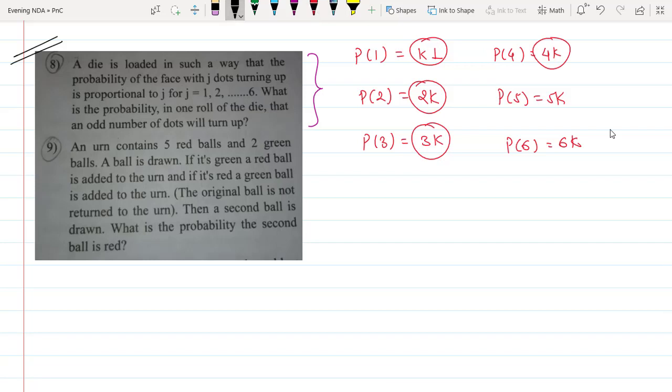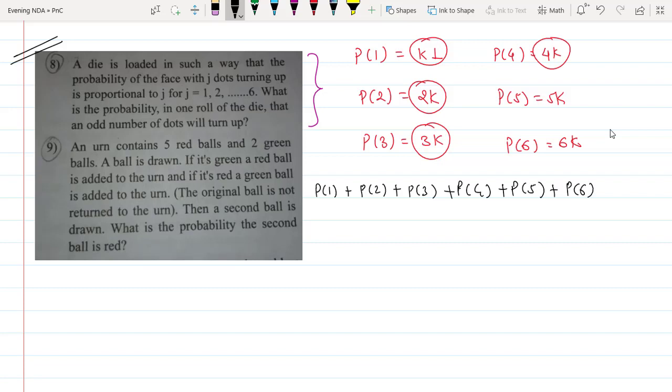Now what will be the value of k? How will you find the value of k? I don't know the proportionality constant k. So if I add all these numbers, p of 1 plus p of 2 plus p of 3 plus p of 4 plus p of 5 plus p of 6, what should it be equal to? What is the total probability of any event? It is 1.